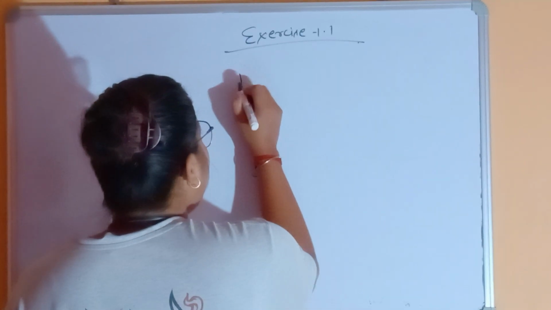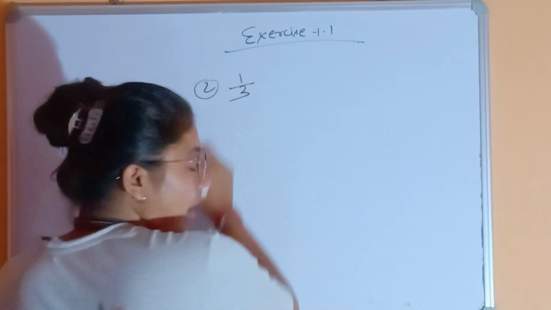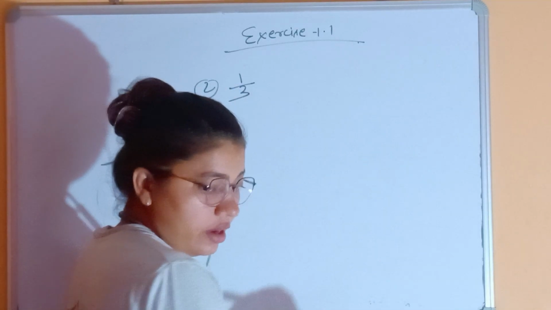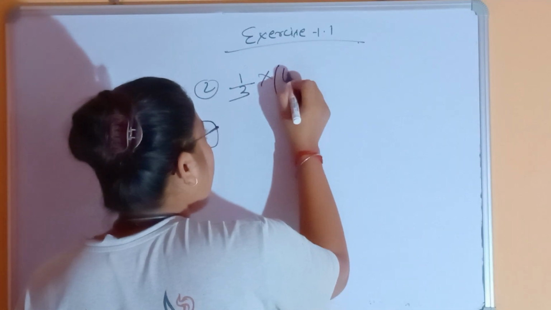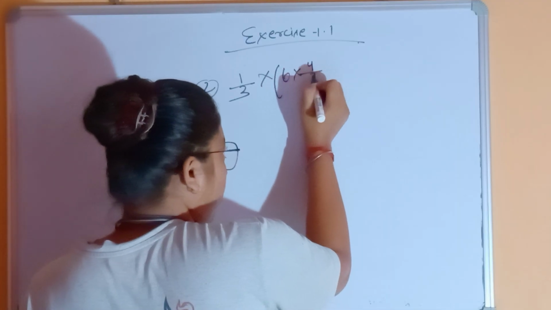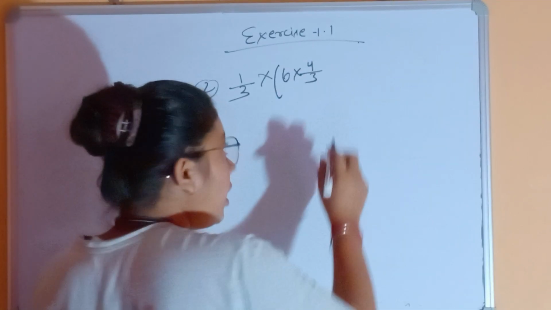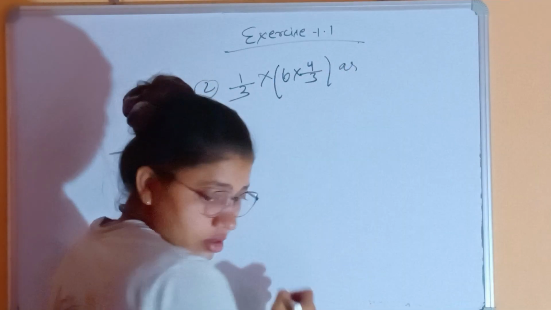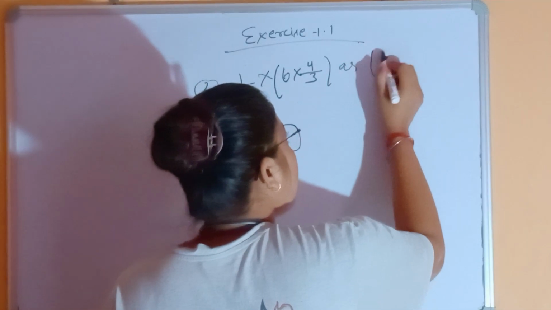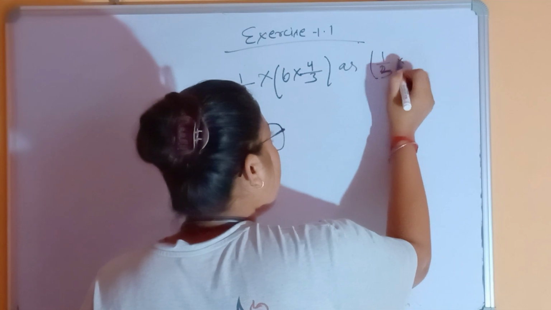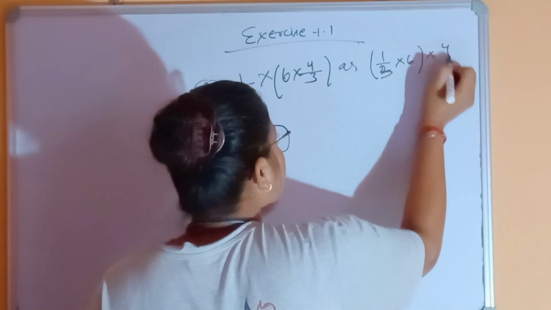Question second: 1 by 3 into (1 by 3 into 6) is equal to (1 by 3 into 6) into 4 by 3.